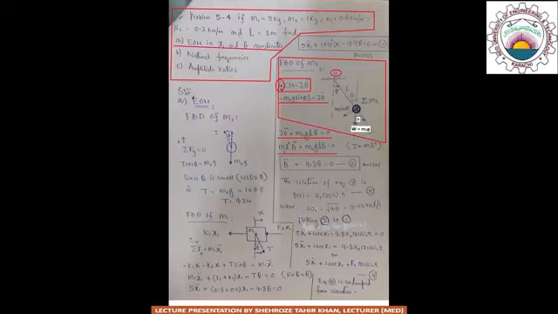In this step, the value m2 L squared is the polar moment of inertia of the string about the pivot point O, and by substituting the values of m2 and L in the above equation, we get theta double dot plus 9.8 theta is equal to 0. So these are the equations of motion for the given system in terms of x1 and theta coordinates.